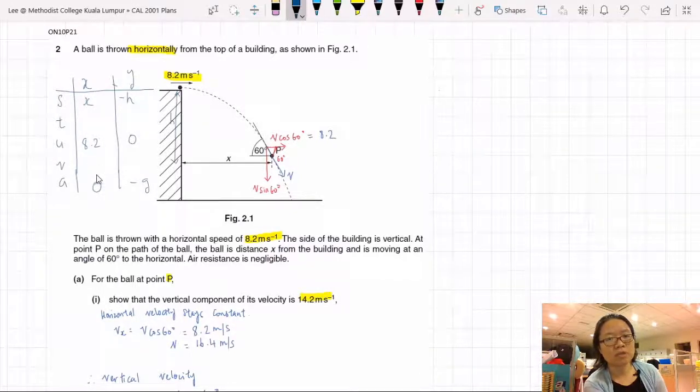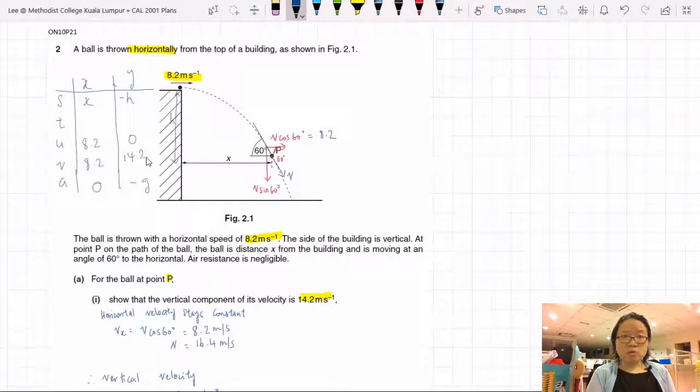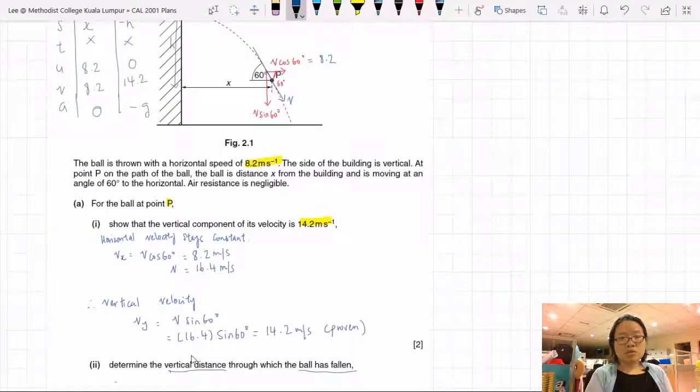Horizontal would be 8.2. The initial speed has no vertical component, so that's 0. Horizontal speed is always the same, so it's always 8.2. But I know that the vertical speed is 14.2 at point P. I don't have the time, so without t, I'm going to choose the equation with no t.